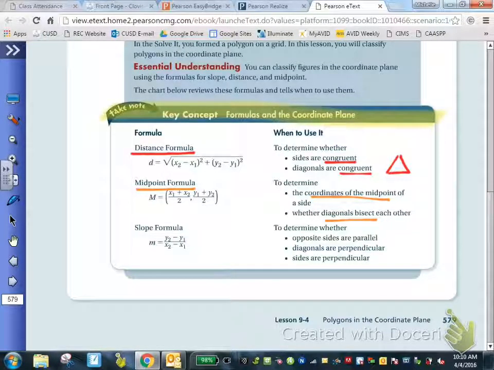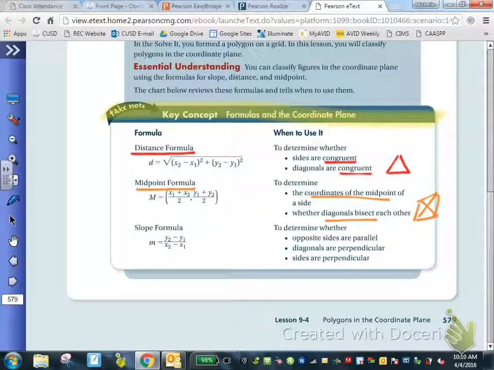Okay, so that might come in handy if I'm doing like a rhombus. The whole point of a rhombus is that the diagonals bisect each other. So we could use the midpoint formula to determine if a shape is a rhombus by looking at the diagonals and if they bisect each other.